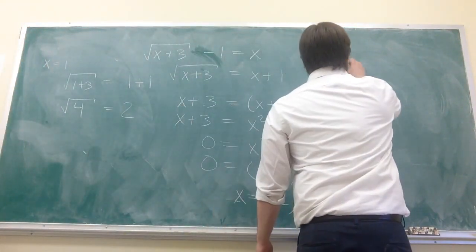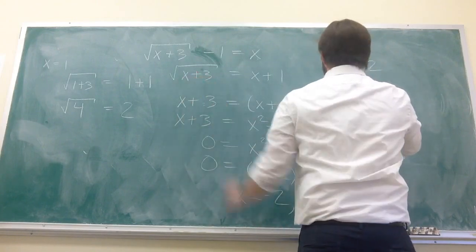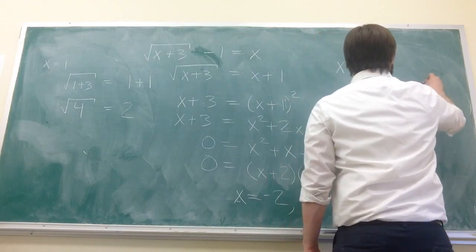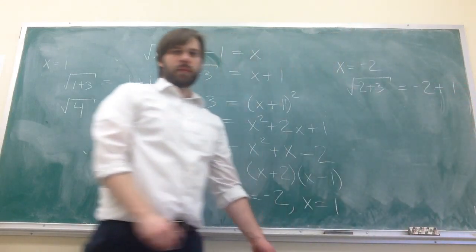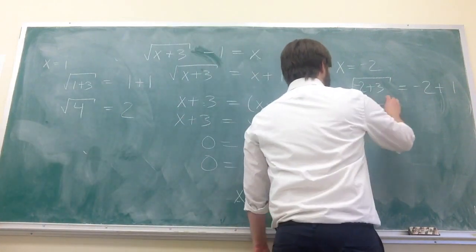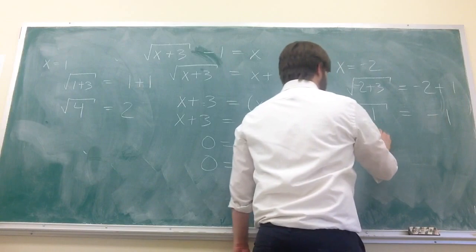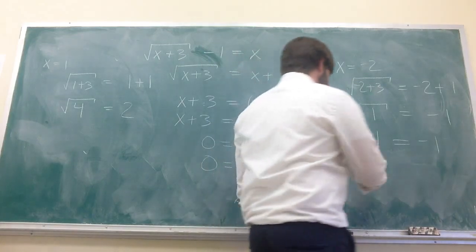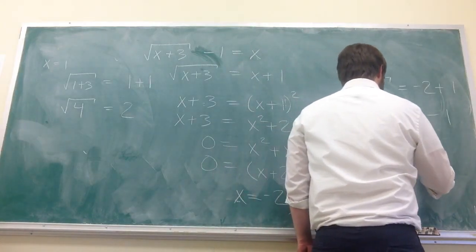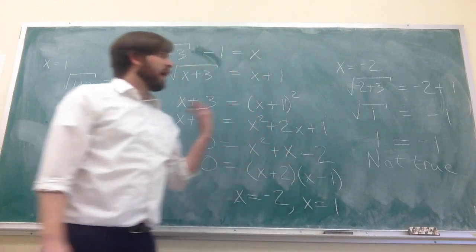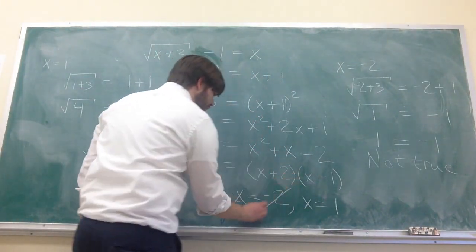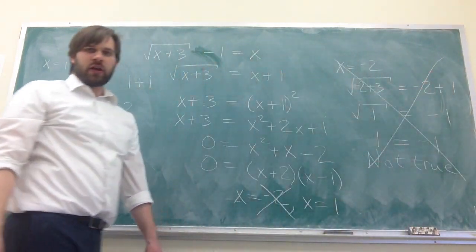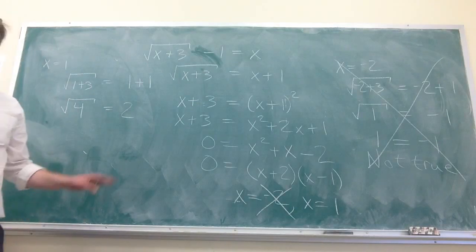On the other hand, if we plug in x equals negative 2, we get the square root of negative 2 plus 3 is equal to negative 2 plus 1, which is the square root of 1 equals negative 1. This says that 1 equals negative 1, which is not true. Meaning, x equals negative 2 is not a solution to my problem here. So we have to be careful when we're checking radical equations.